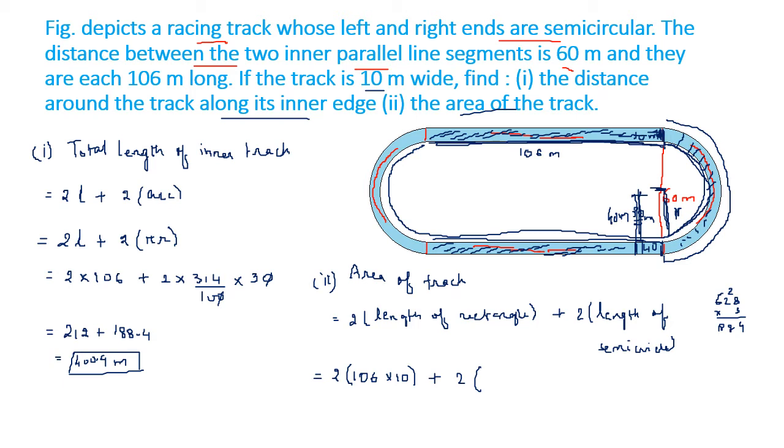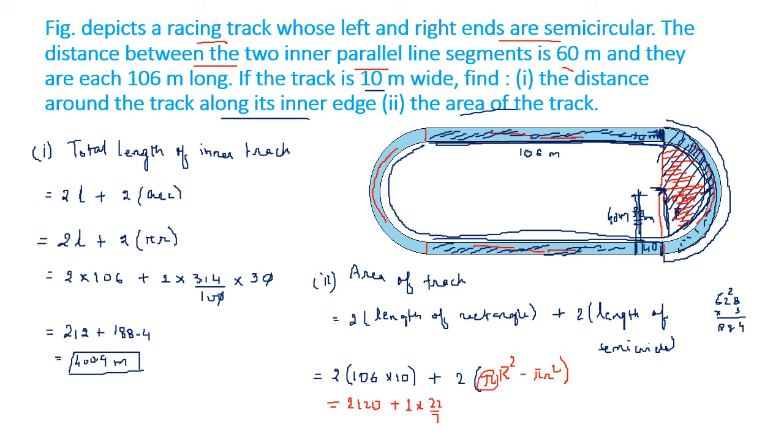So how to find the area of this semicircle? I'll find the area of the outer one first, the whole area of the outer, and from that I will subtract the inner, so I will get the area of the track. So it is 2, I'll write here pi R square, capital R square, minus pi small r square. So we get this 2120 plus 2, 22 upon 7.